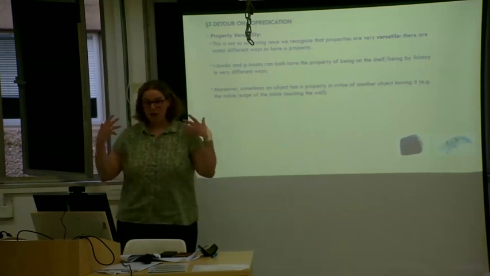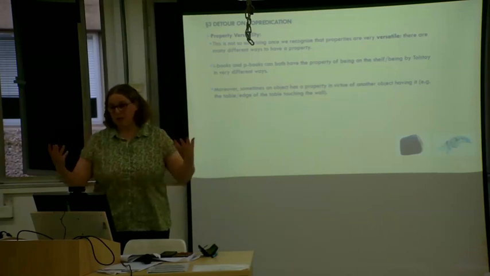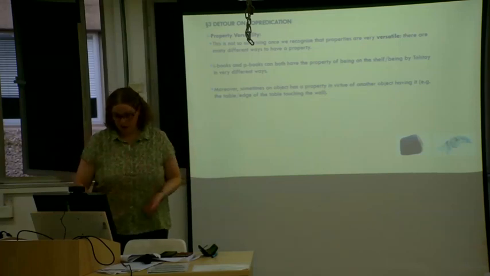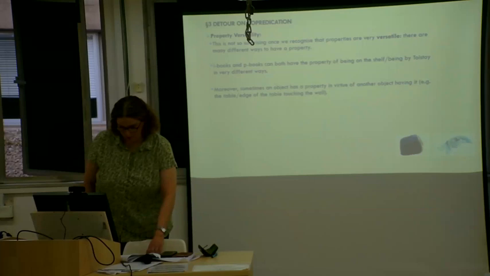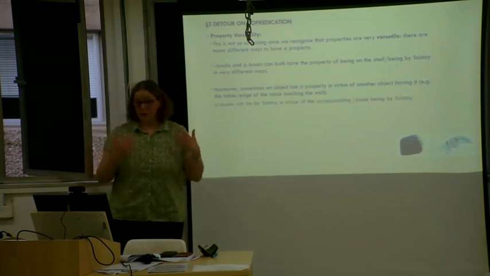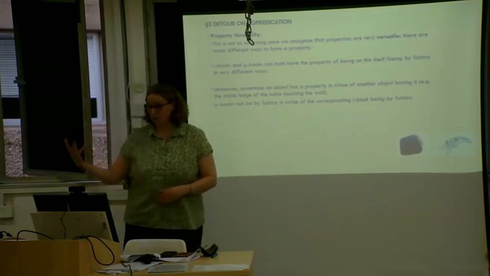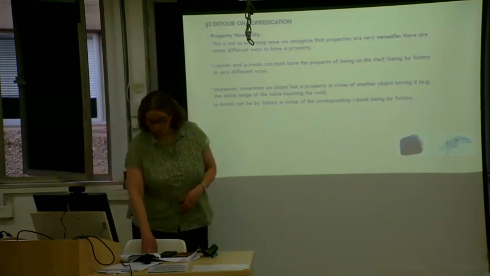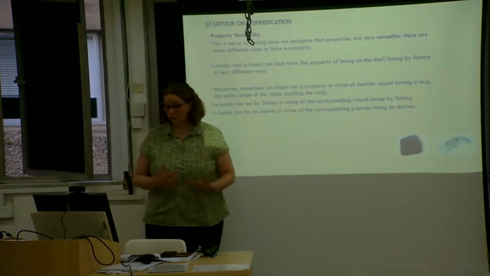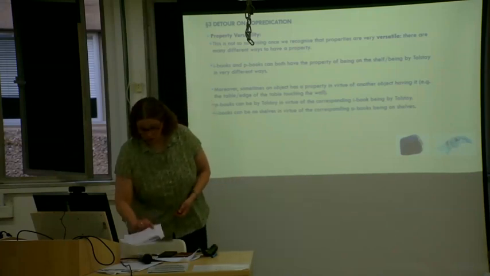So the edge of the desk and the desk both have this property, but arguably the desk has it in virtue of the fact that the edge of the desk has it. Similarly, you might think that physical books can be by Tolstoy in virtue of some corresponding informational book being by Tolstoy, and informational books can be on shelves in virtue of the corresponding physical book being on the shelf.